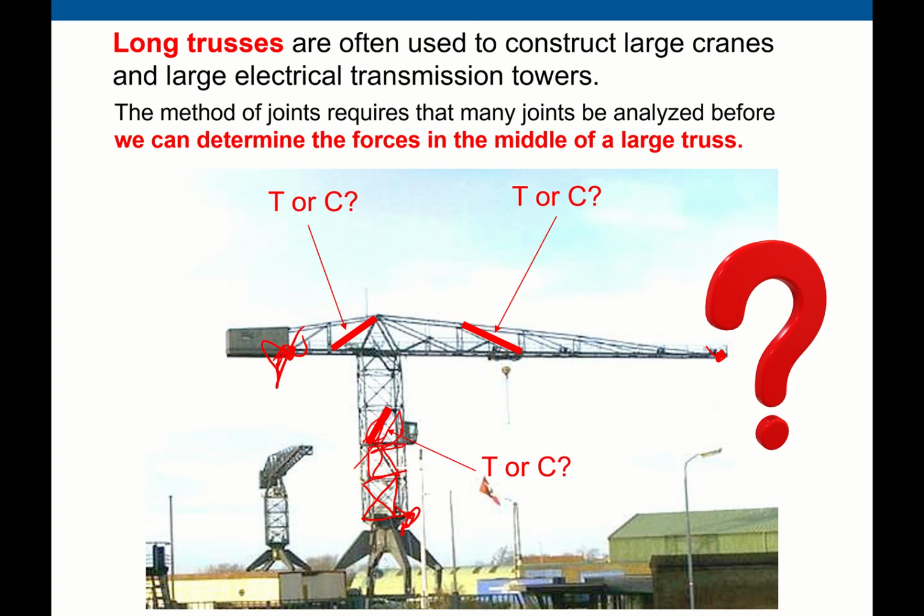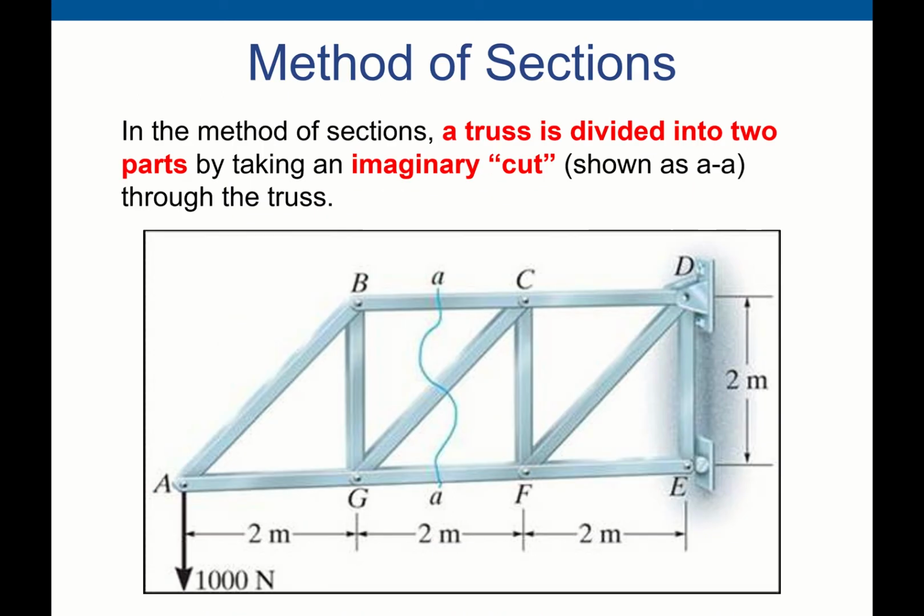This one takes a very long time. So we want to identify whether a section in the middle of the truss is in tension or compression. We can identify the directional force correctly.